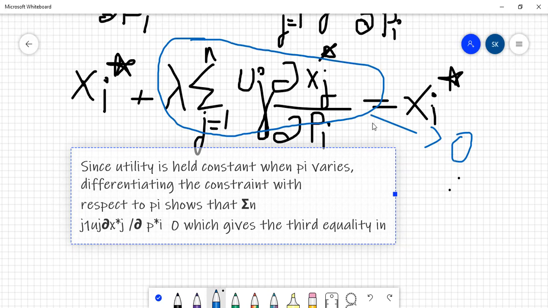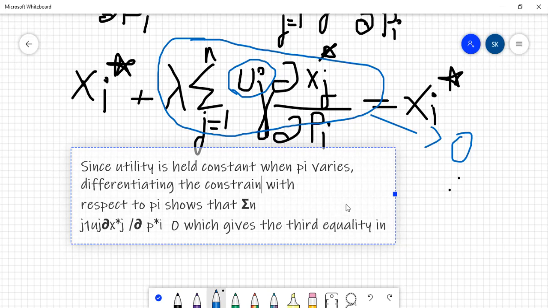Once again, as the utility is held constant when pi varies, differentiating the constraint with respect to pi shows that this whole function will be equal to 0.